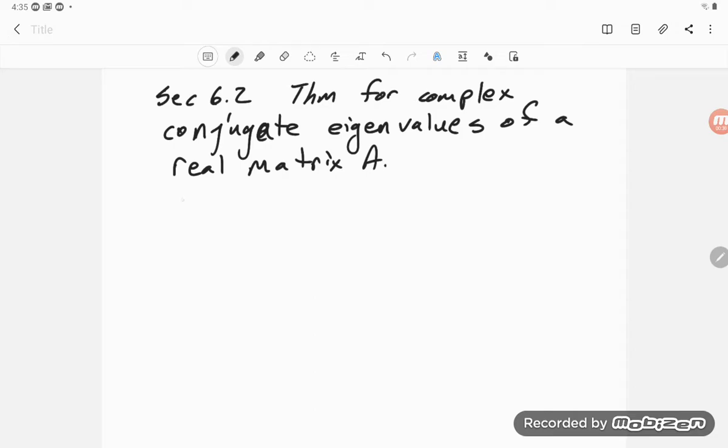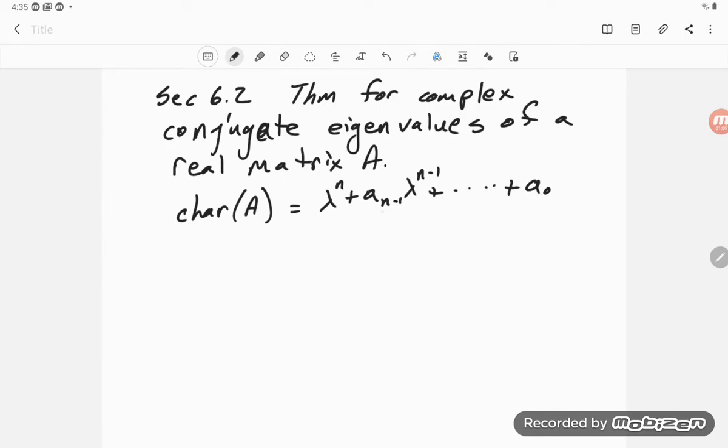So remember, when you do the characteristic polynomial of A, you're going to get lambda to the n plus a_{n-1} lambda to the n minus 1 plus ... plus a0.